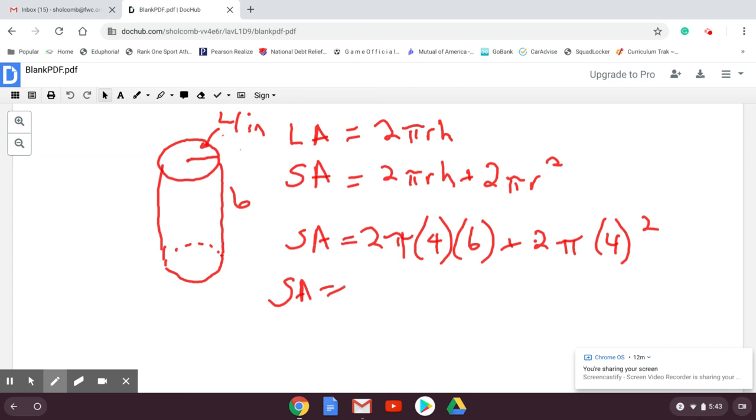This one would be 24, 6 times 4 is 24, times 2 is 48 pi, plus 4 squared is 16 times 2 is 32 pi. And so we could simplify that all the way down to 80 pi. And then you just have to check and see if it asks for it in terms of pi or in an estimate rounded to the nearest tenth or hundredth or whatever it may ask for. But in this case, we'll just leave it at 80 pi.